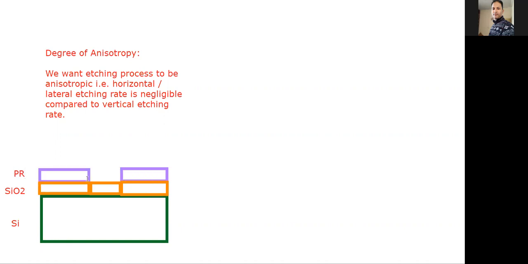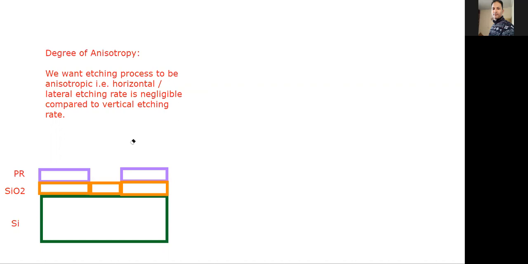Okay, so we want our etchant to remove only this part of the oxide.